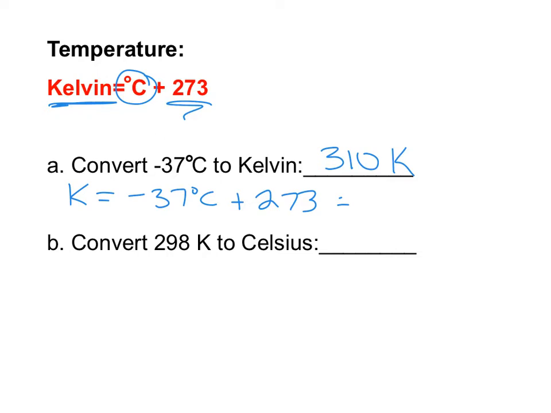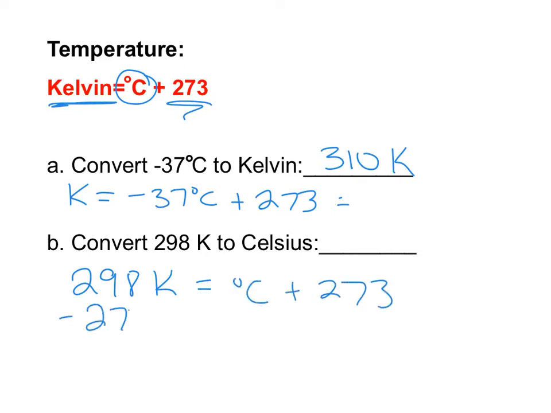Now to do the opposite, since we have 298 Kelvin, that's going to equal our degrees Celsius plus 273, which really means we have to subtract 273 from 298, and you're going to get 25 degrees Celsius. So I always just remember that Kelvin is 273 larger than Celsius.